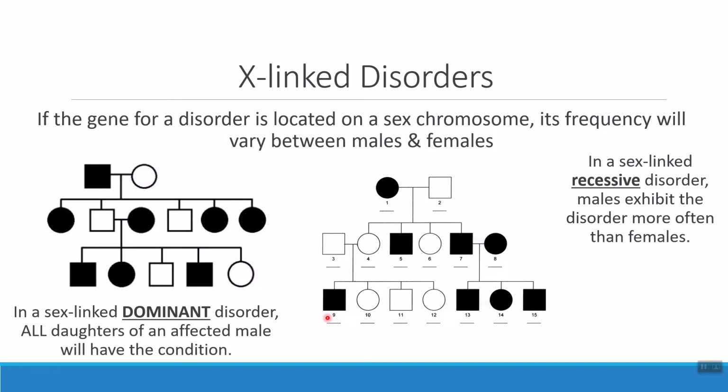So in a sex-linked recessive disorder, the easiest way for you to know for sure that this is a possibility, when you have a female who is affected, that means she has 2 copies of the recessive allele. All of her sons will express that phenotype because they're definitely going to get a copy of the allele for that disorder.